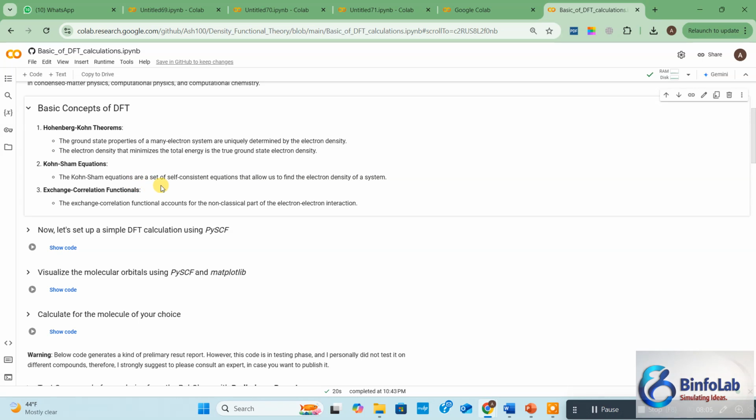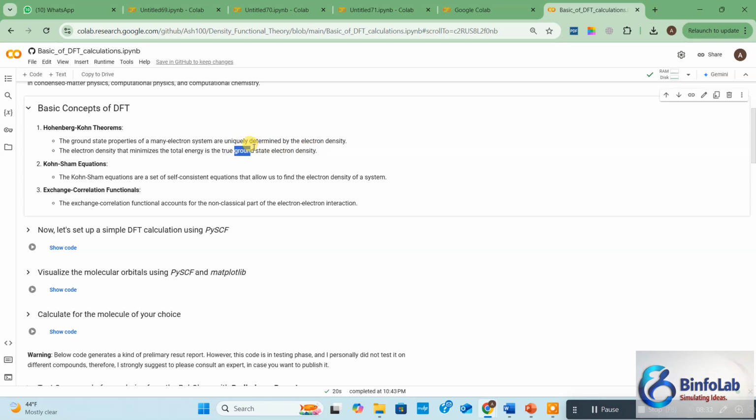The Kohn-Sham equations are a set of self-consistent equations which allow us to find the electron density. So from here we learn that the calculation of electron density is the main thing, but which electron density will be regarded as the true one?